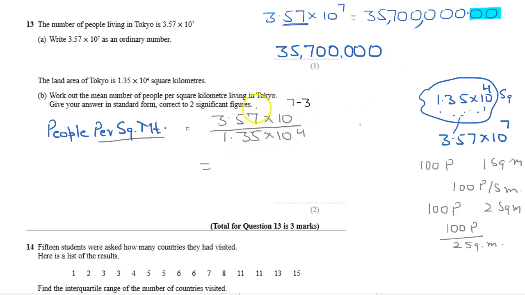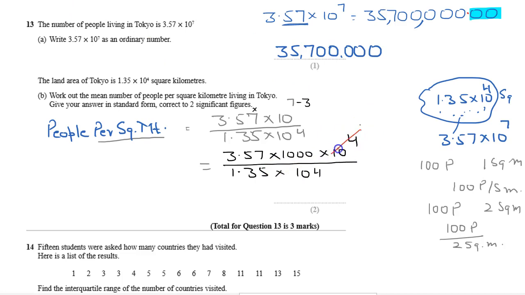Now we multiply this by 1000. So this is 3.57 multiplied by 10 to the power 4 over 1.35 into 10 to the power 4.